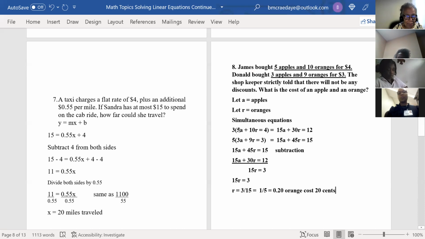So let's take this one: 5A plus 10R equals 4. Substitute in for R that 0.20 and solve for the apple. Tell me what you get for the apple cost.